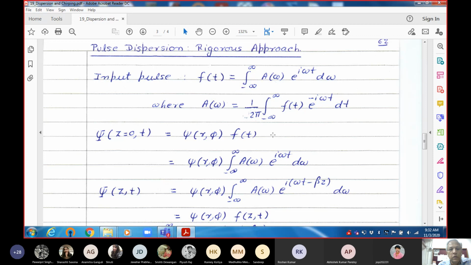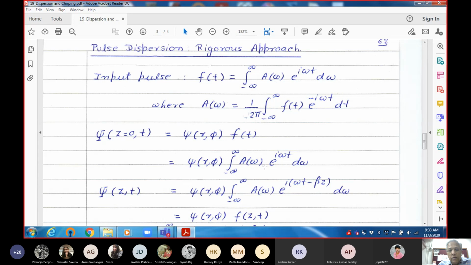I forgot to write it down here, but that is my field, right? Now if I write f of t in terms of its Fourier transform, at z is equal to 0 this is the field. You can take psi of r, phi inside, it doesn't matter.